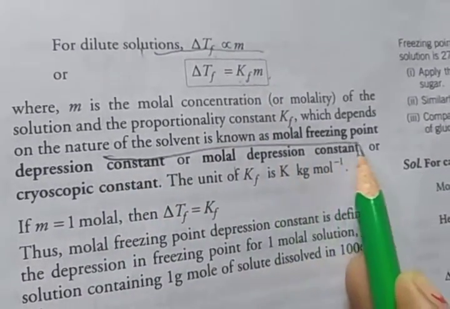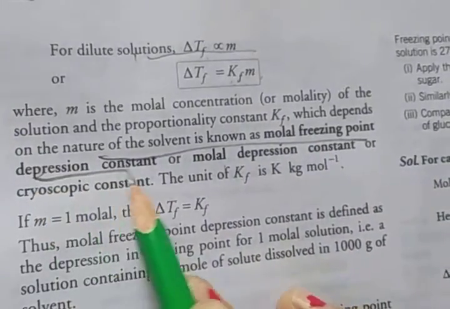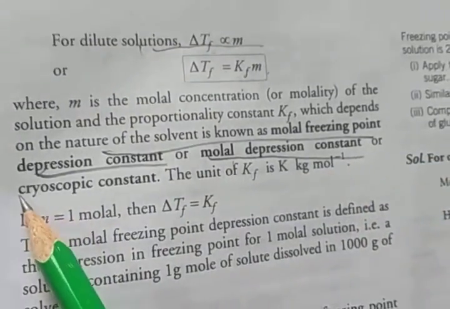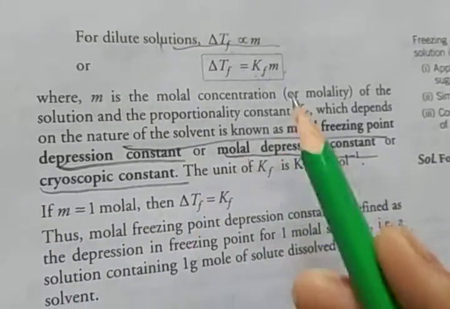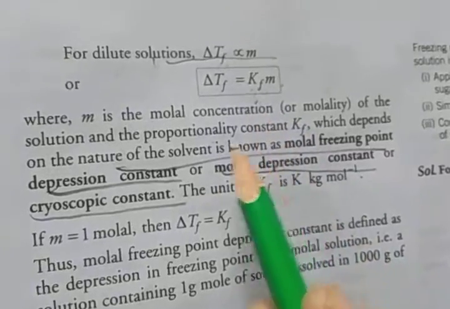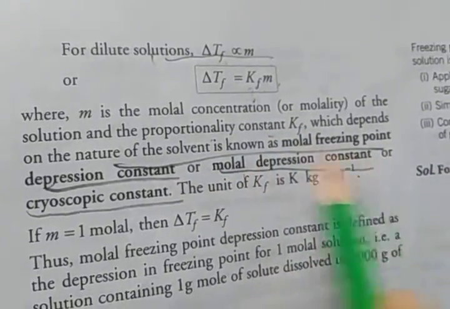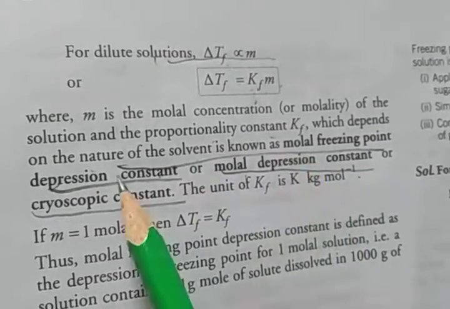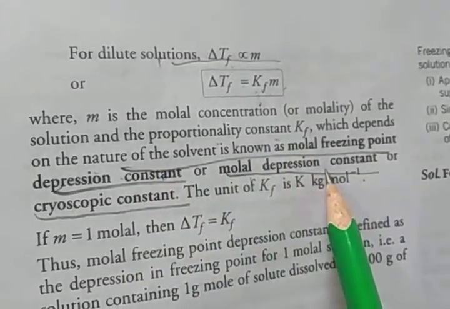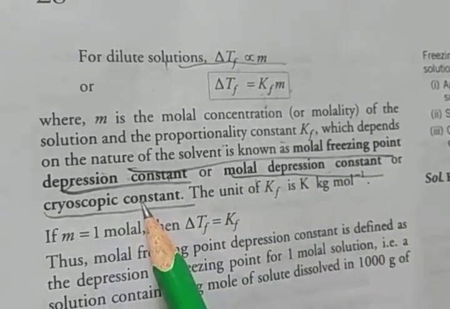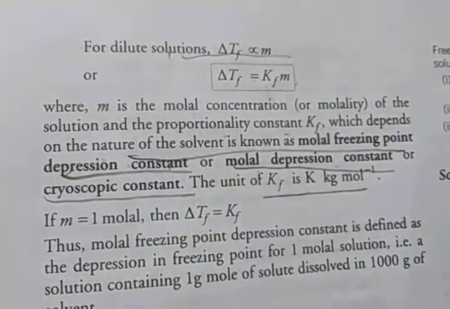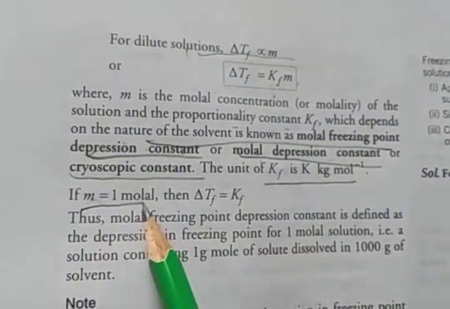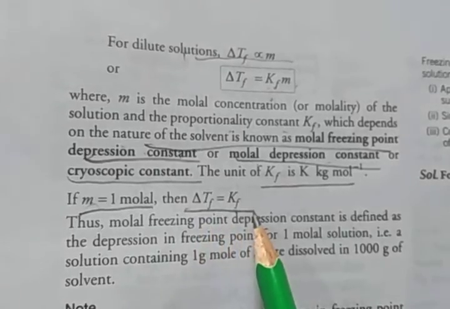It is known as the molar freezing point depression constant, otherwise the molar depression constant or cryoscopic constant, and the unit of Kf is K kg mole inverse. If we take molality as 1, then delta Tf is equal to Kf.